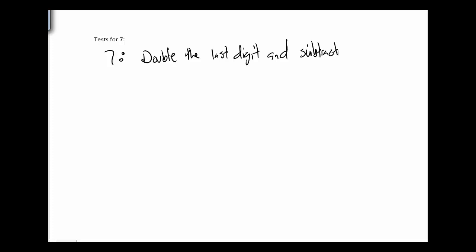Okay, 7 is the trickiest one of all the others, so it's a little interesting. The setup on this one is we're going to double the last digit, and at that point, we're going to subtract it from the rest of the number.